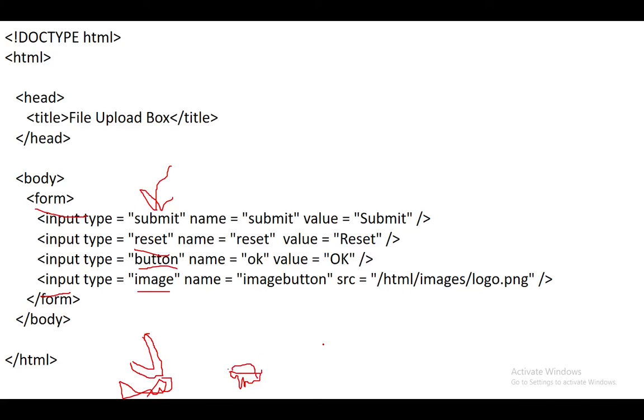Depending on where that image is on your system, you have to link it here, in the src, the source. You put the link here, and automatically the image will appear on the button. And if the image is online, you can use the link too. You just copy it and paste it here. So this is how the buttons are going to look: we have submit, reset, and OK.